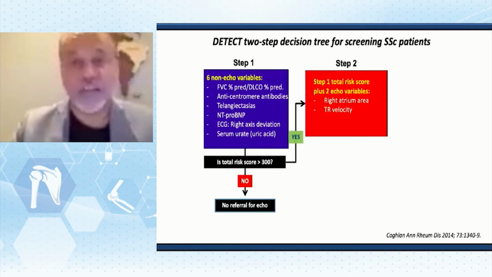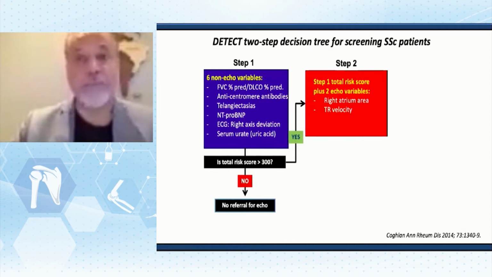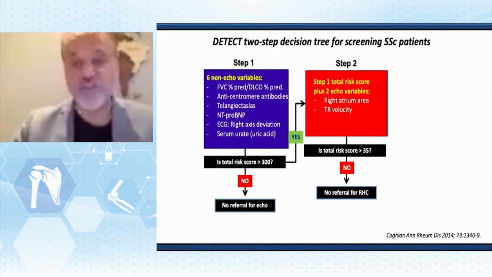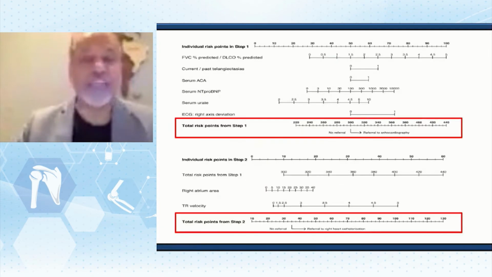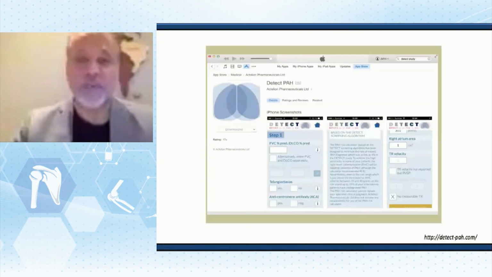If not, then PAH is very unlikely, and the patient will not proceed to echo, but will be rescreened next year. However, those who scored more than 300 will have an echo, looking for the right atrial area and TR jet velocity, again giving different scoring for each item. If the patient scored more than 35, then they would proceed to the right heart cath.